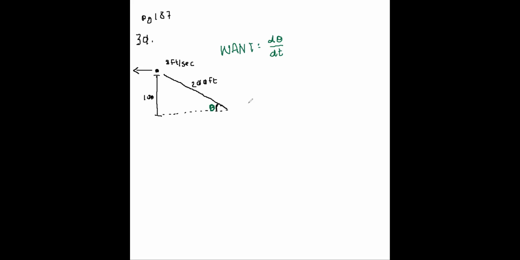So that equation is going to be sine theta is equal to opposite over hypotenuse, right? Our hypotenuse in this instance is going to be right here. It's going to be 200, right? Because we have this right angle going on. So our hypotenuse is going to be 200 feet.